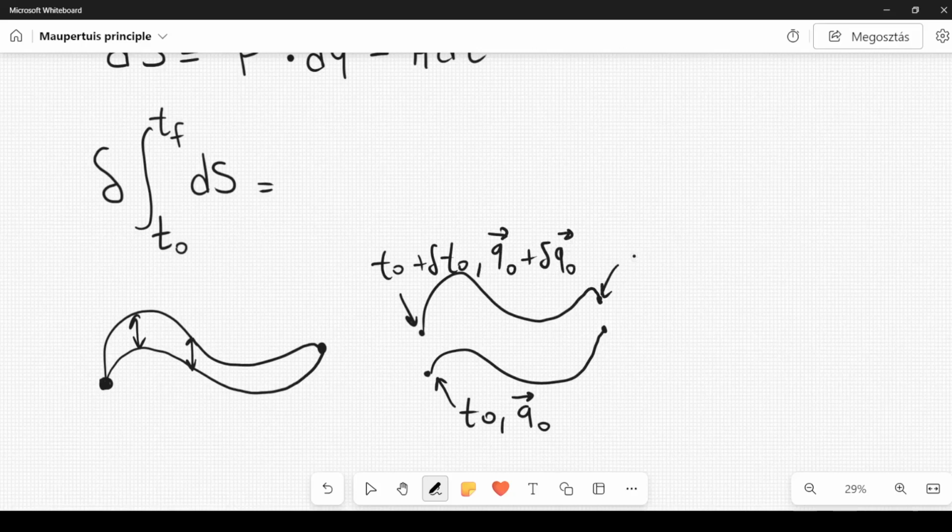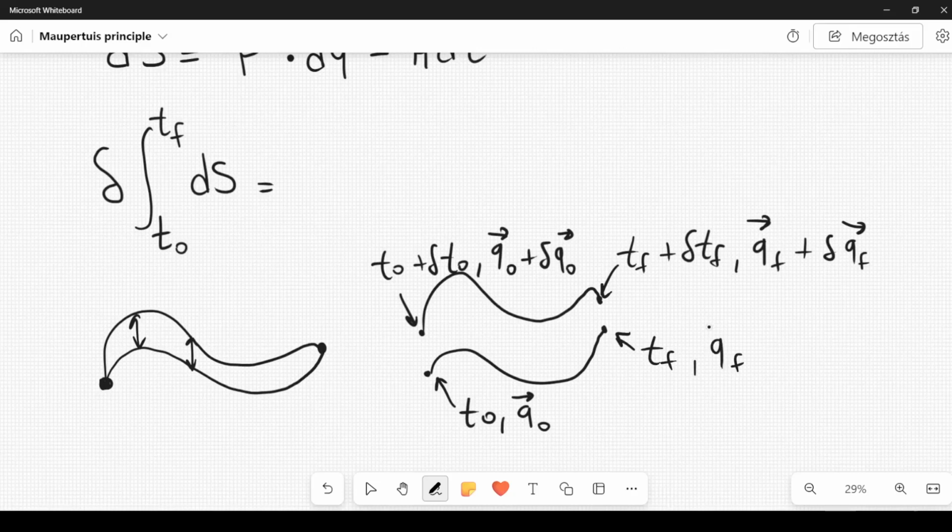And similarly here we have tf plus delta tf and qf plus delta qf. And here we have tf, qf.